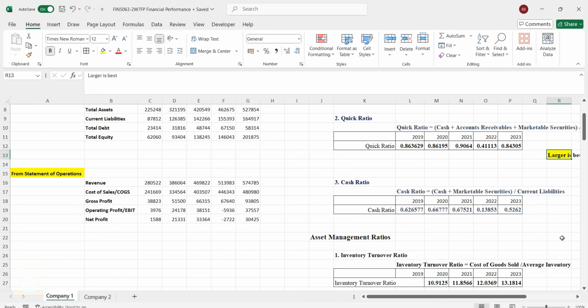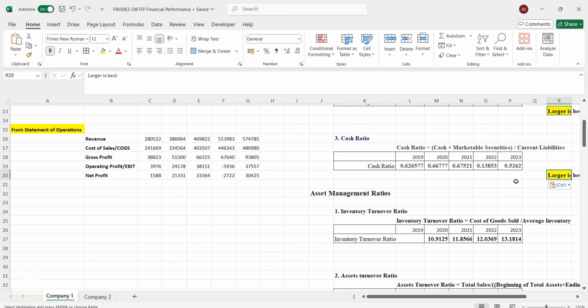I hope you understand, because here the denominator value is current liabilities, which is a negative one. The liabilities are negative and assets are positive, so you are supposed to get a better value. When the value is larger, your company is performing good.